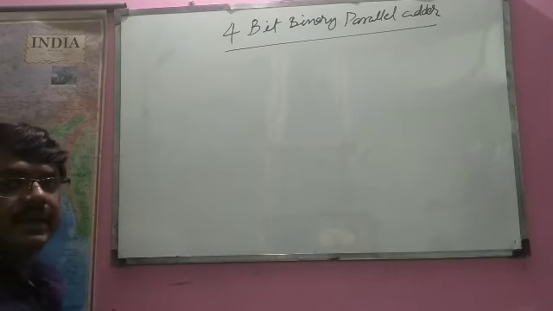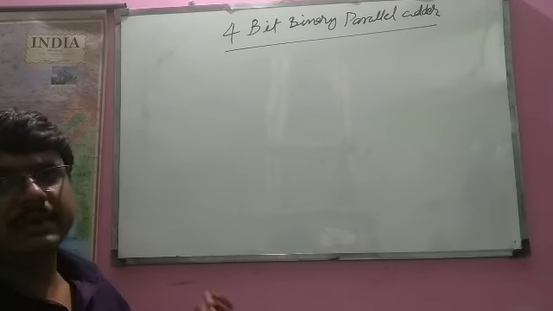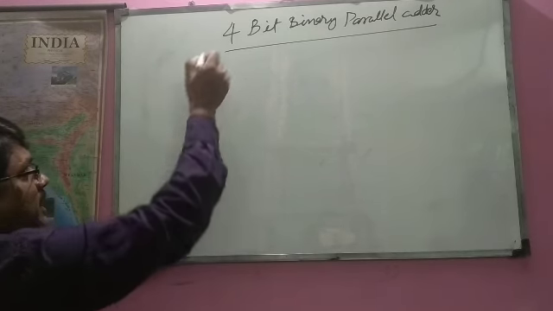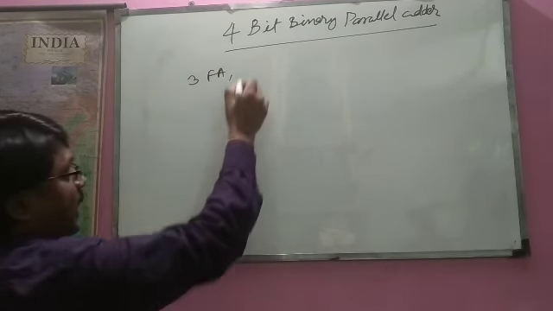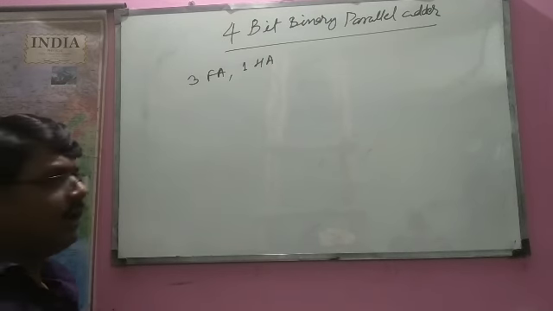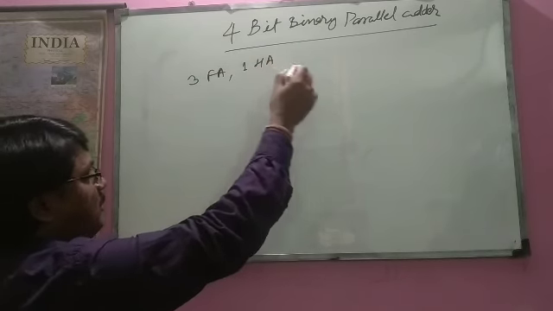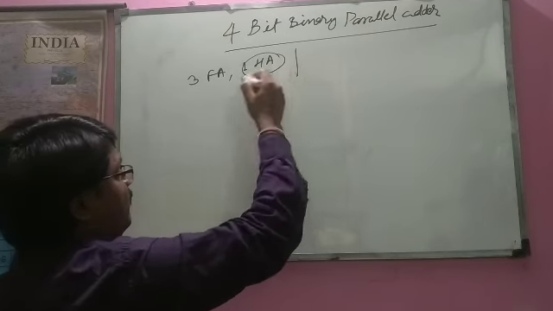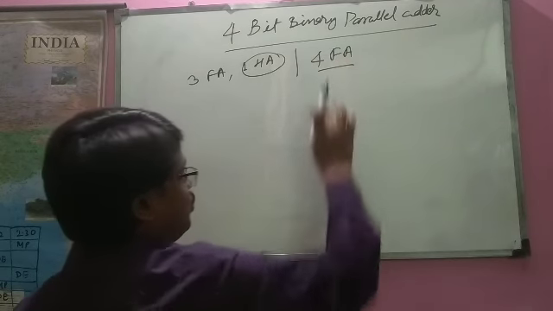As I said, an n-bit binary parallel adder requires n minus 1 full adders. Here for the 4-bit binary parallel adder n is equal to 4, so 3 full adders and 1 half adder will be required. But if we do not have the half adder and have only full adders, then 4 full adders will do the job.